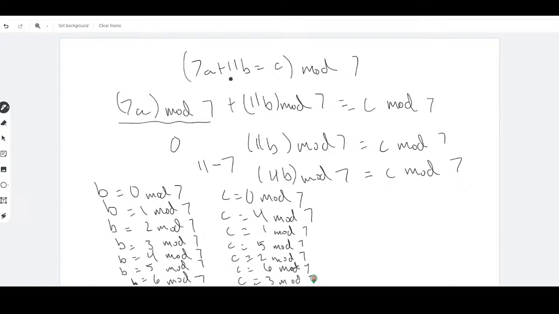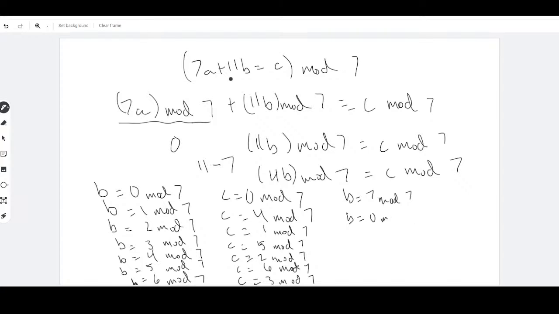And that's all the mod 7s of B that we have to consider, right? Because if we go on and say B is equal to 7 mod 7, well, 7 mod 7 is the same thing as saying B is 0 mod 7, right? Because 7 divided by 7 has a remainder of 0.